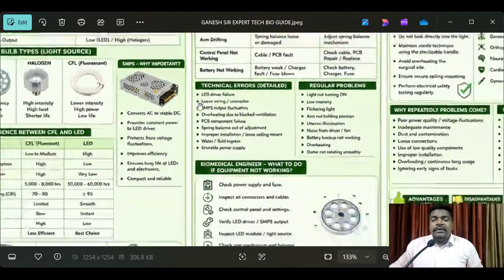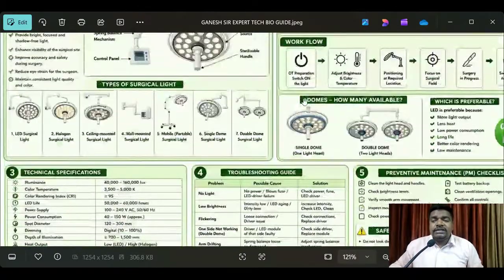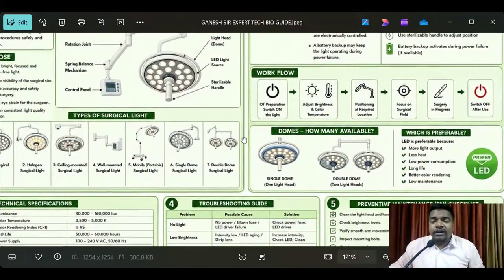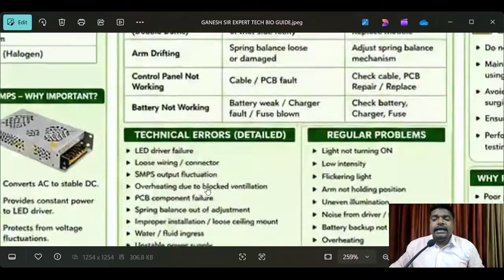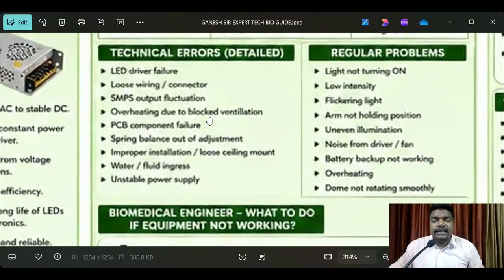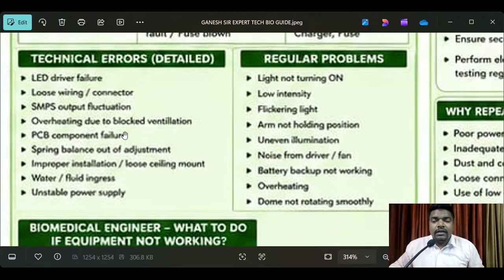Now, in this way I have explained a lot of points. Which point do I have to discuss now? Technical error details, very important. Whenever you get a problem, only then do you come to know that you need senior support. Many engineers don't have that much opportunity.